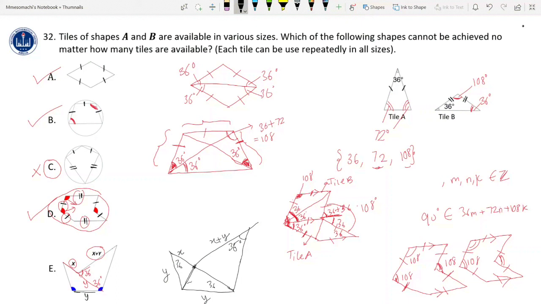Okay, so this is 72 here, this is 72 here, and we made this out to be Y. If we mark out the angle bisector here, since this is tile B, the angle bisector will split this to 36, 36. So this angle here is 36, but this angle here is also 36. So in fact, this triangle here is isosceles. So it means this is going to be Y.